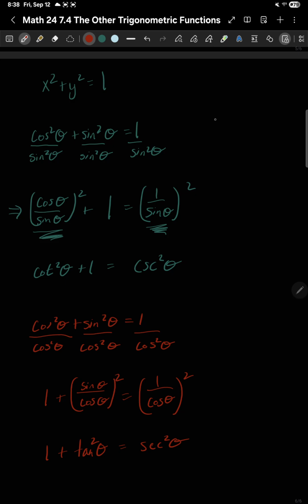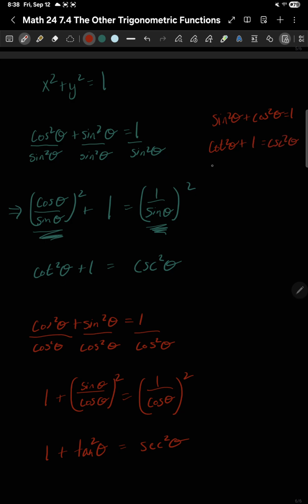So this is a quick way of showing that we have three ways of talking about the unit circle in trig. These are called the Pythagorean identities because they are a squared plus b squared equals c squared, except for triangles and circles of radius 1. These will be important and come up a lot later.